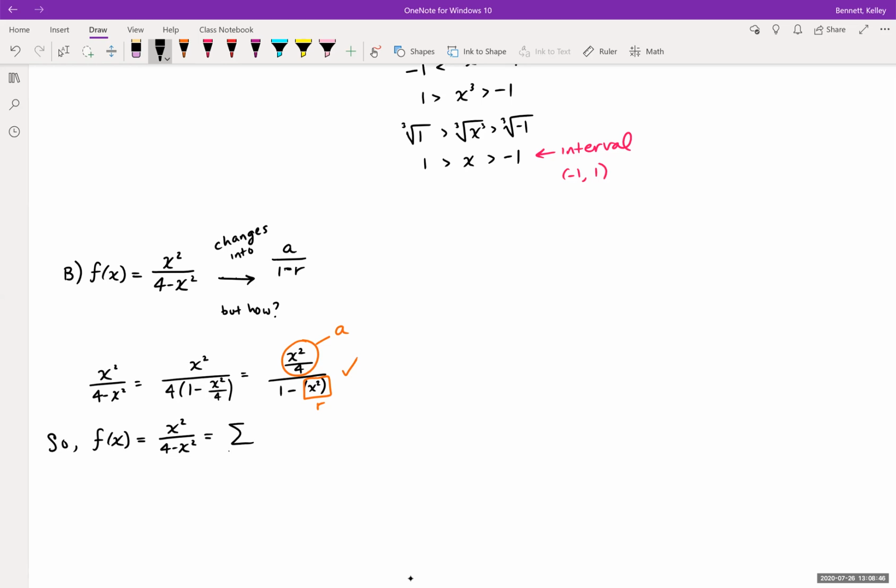I can write it as n equals 0 to infinity of a, which was x squared over 4, times, oh, I lost my 4. Dang it, sorry about that. That's 2.